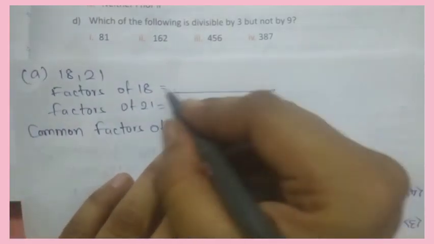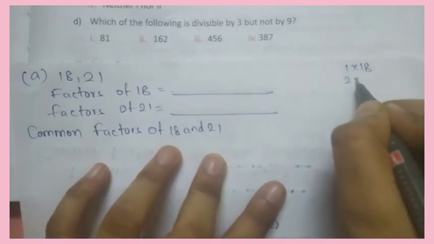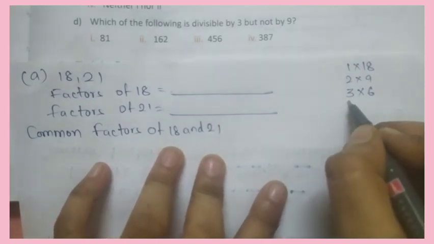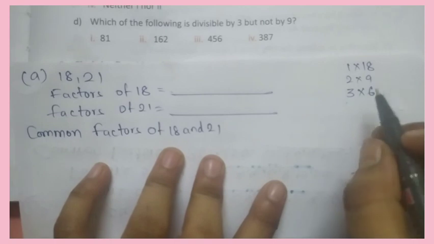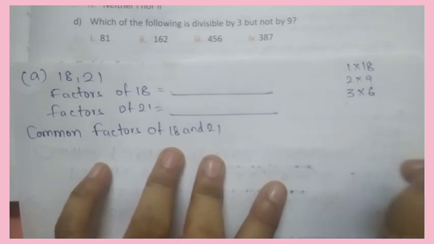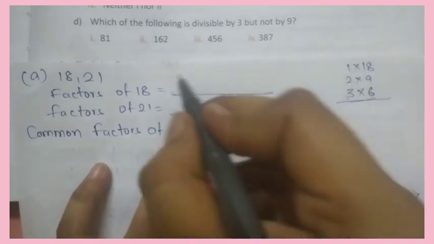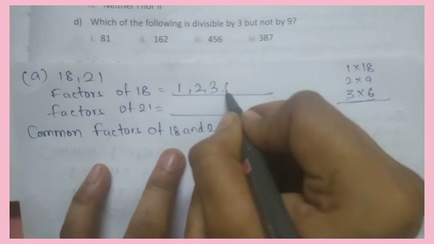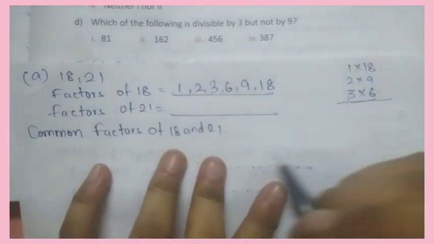First, factors of 18. 1 18 is 18, 2 9s are 18, 3 6s are 18. In the 4 table we will not get 18. 5 5s are 25, 5 4s are 20, 5 3s are 15, we will not get 18. 6 is already completed, so we'll stop here. 1, 2, 3, 6, 9, 18. These are the factors of 18.